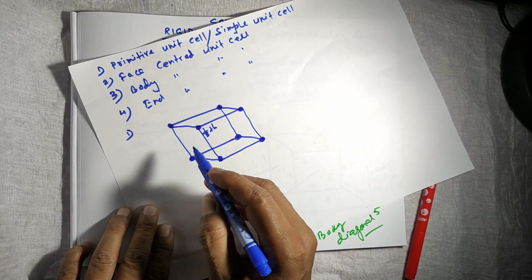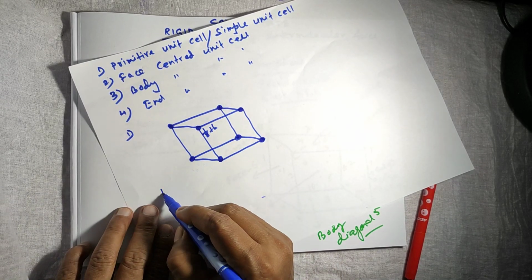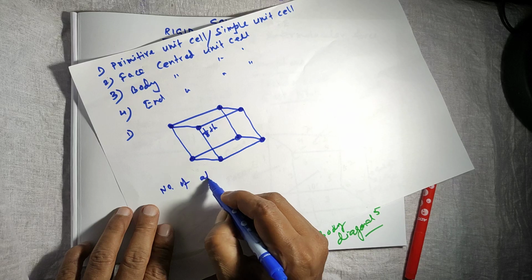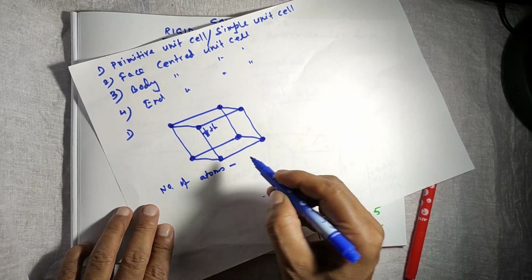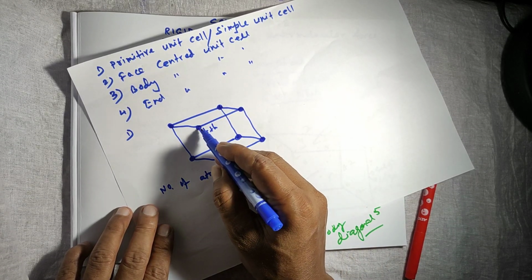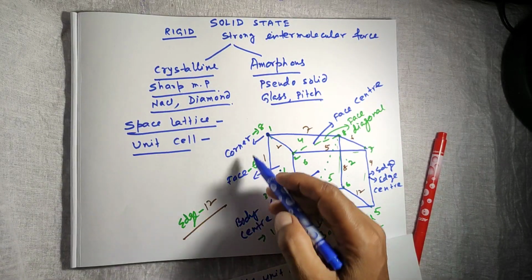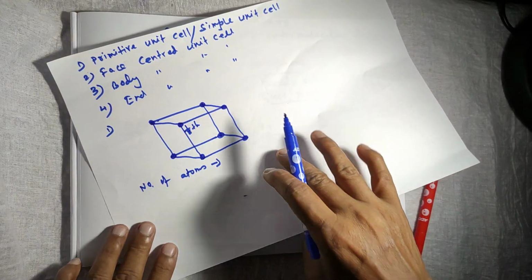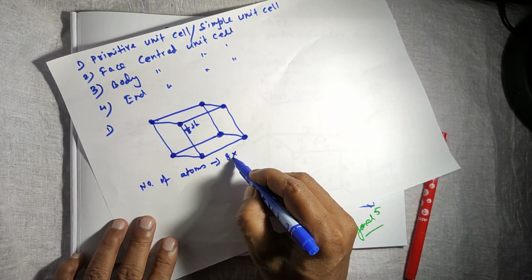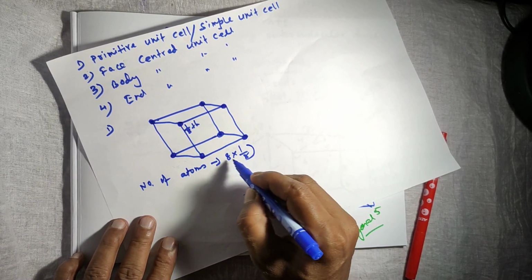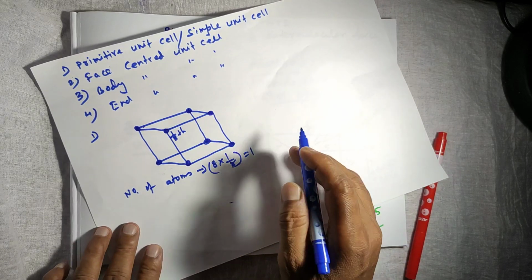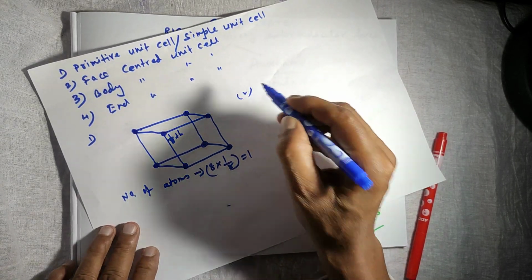There are 8 corners, as I told previously, so the total atoms will be 8 into 1/8, that means 1 atom.